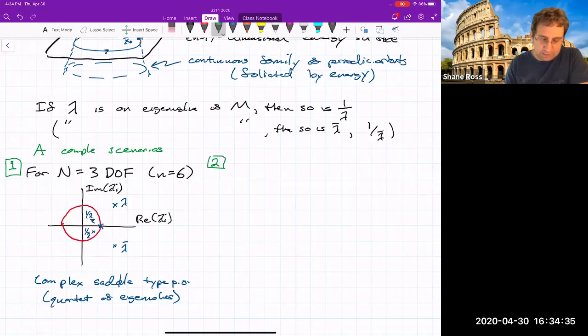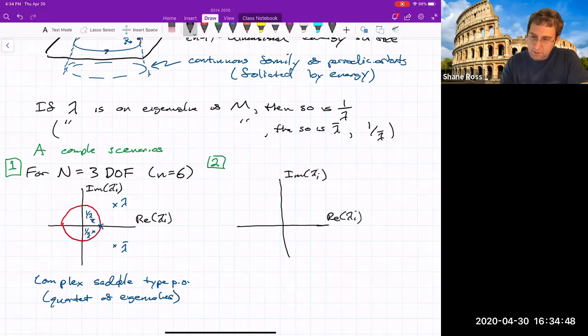Here's another scenario. Let me stick with the 3 degrees of freedom situation and plot another eigenspectrum with my unit circle. Got 2 eigenvalues at 1, so now I've got 4 left to play with. If I have one along the real axis outside the unit circle, I'll call that lambda 1, then I've got to have something along the real axis inside the unit circle with a value of 1 over lambda 1.